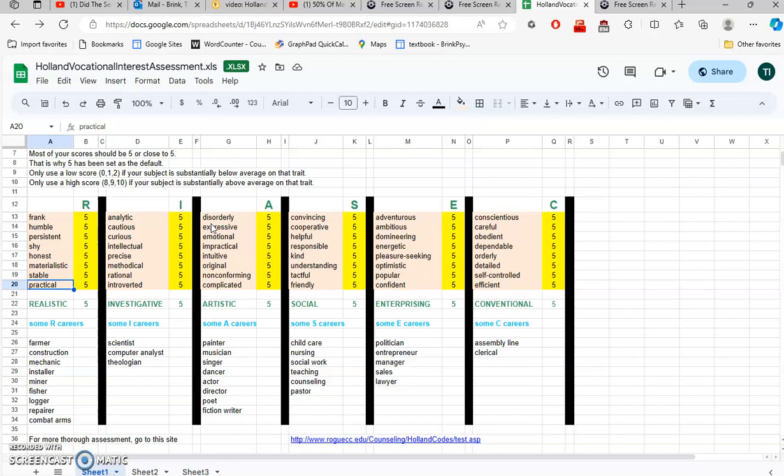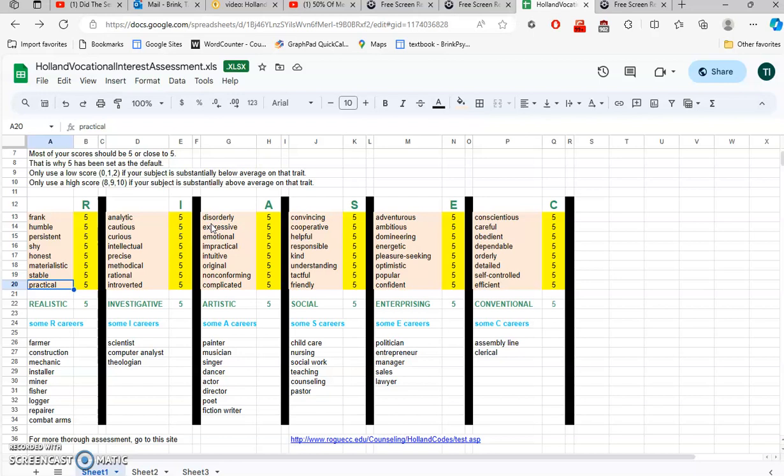You're going to leave most of these numbers at 5 because most people are average on most things. If you think that the individual being assessed is a little bit below average on a specific trait, give the person a 3 or a 4. If you think the person is higher than average on a given trait, give that person a 6 or a 7.